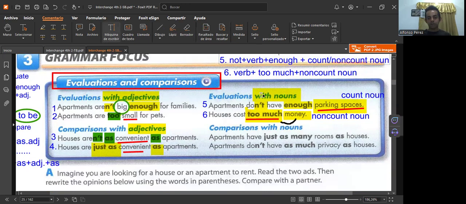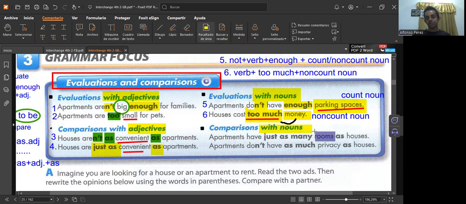Okay, let's go here to comparisons with nouns. Here we are comparing. It's important that you understand the language function. Where are you using something? Evaluating, comparing. So we have apartments have just as many rooms as houses.